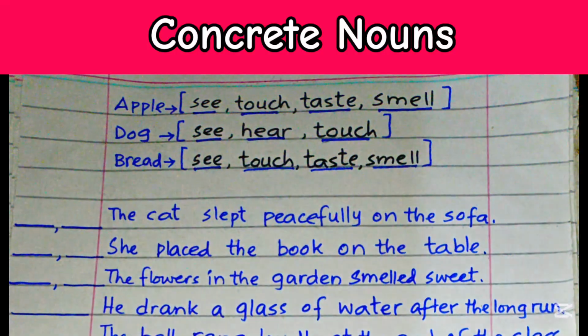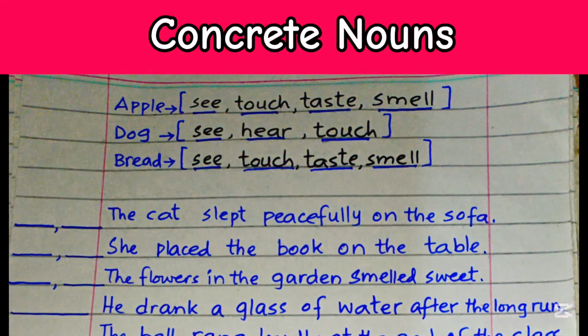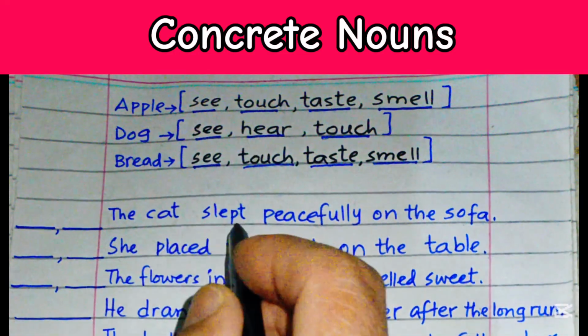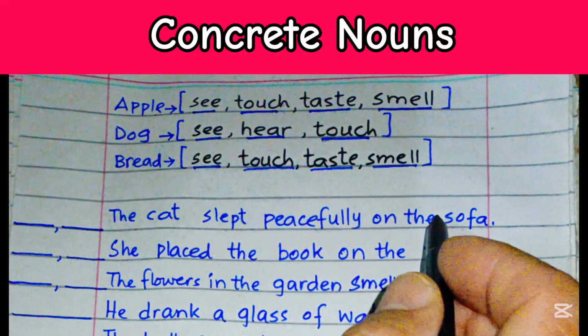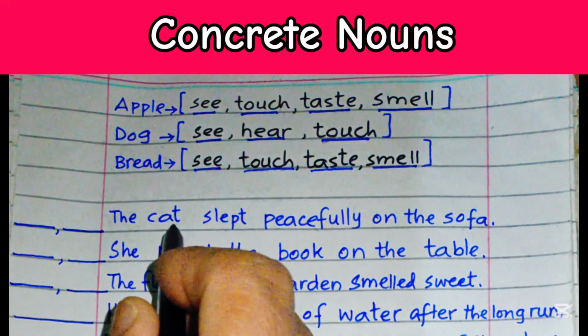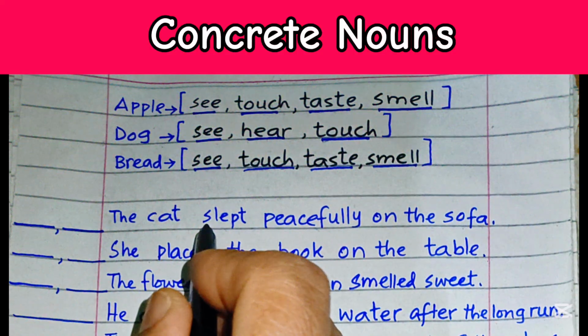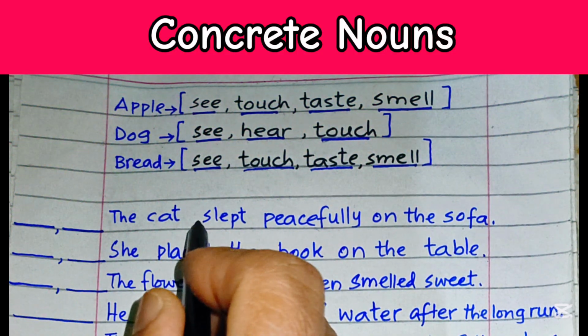But before going forward, let's have a few more examples in order to understand the concept of concrete nouns. So look at this sentence: the cat slept peacefully on the sofa. In this sentence we have to locate which are the concrete nouns.